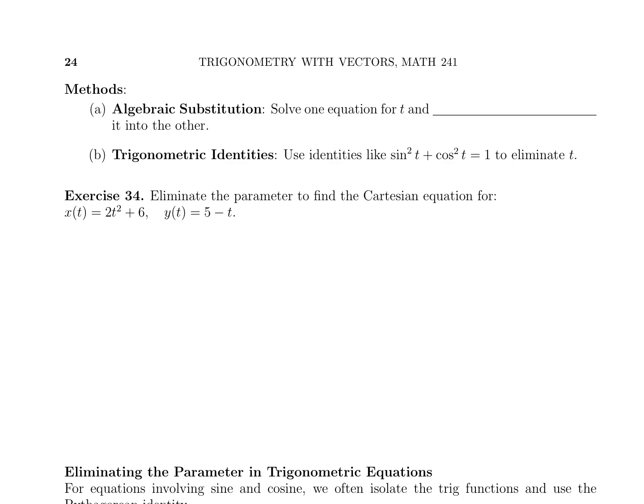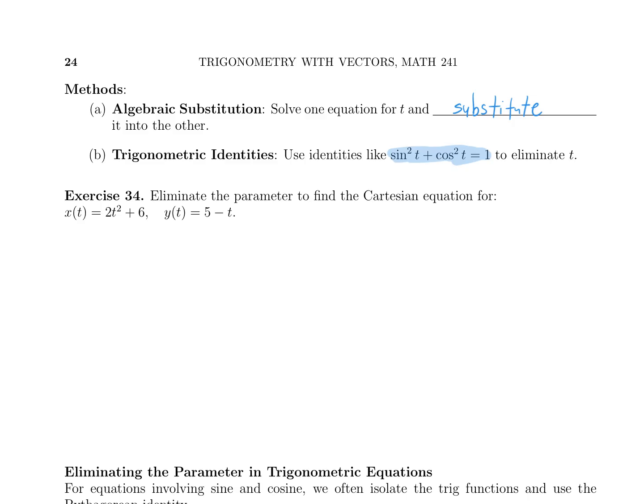So you solve one equation for t and you substitute it into the other. So we're going to solve for t for one of the two equations, and then substitute it into the other equation. When there's trig functions involved, you're going to want to use the Pythagorean identity, sine squared plus cosine squared is equal to 1, and that'll help us eliminate the parameter t.